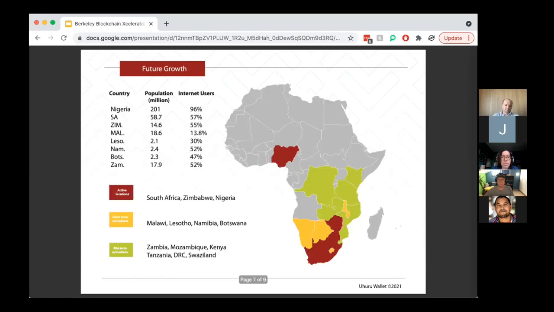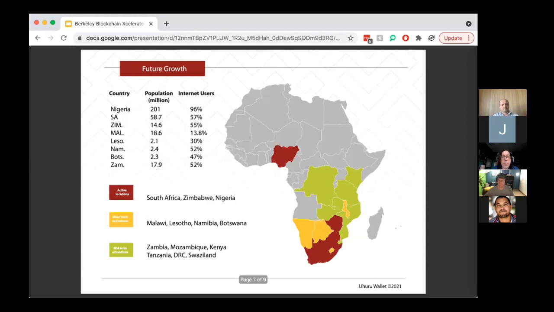So far, we have launched in South Africa, Zimbabwe, and Nigeria, and we're looking into expanding to other Southern African countries like Malawi, Lesotho, Namibia, and Botswana, mainly most countries in Africa that are doing very well.